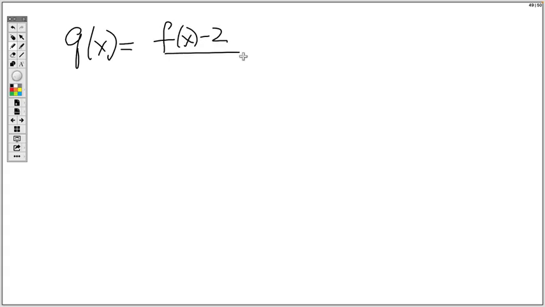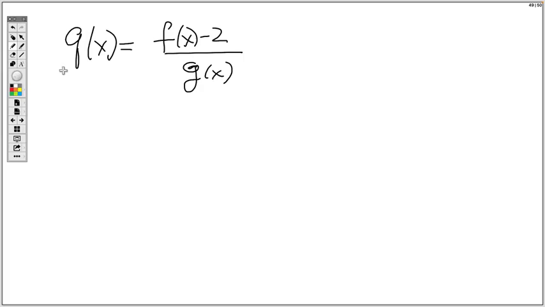The last one on there, q of x, is f of x minus 2 all divided by g of x. Q is probably standing for what? Q for quotient. Sure enough, if you plug an x into this expression, you plug it into f of x, subtract 2 to get the numerator dialed in. You plug it into the denominator, g of x. And then the last thing you would do is what with those numbers? Divide.